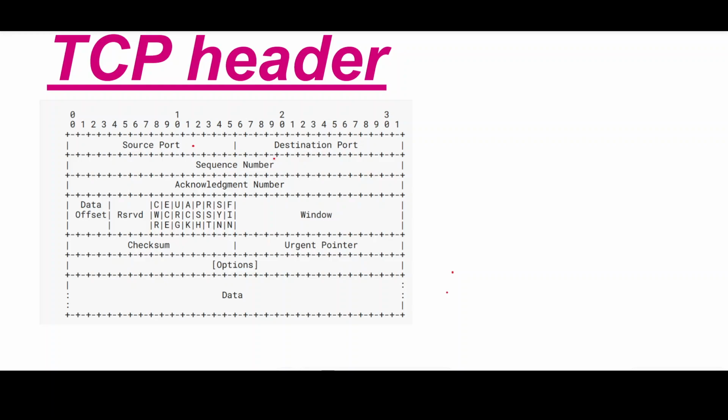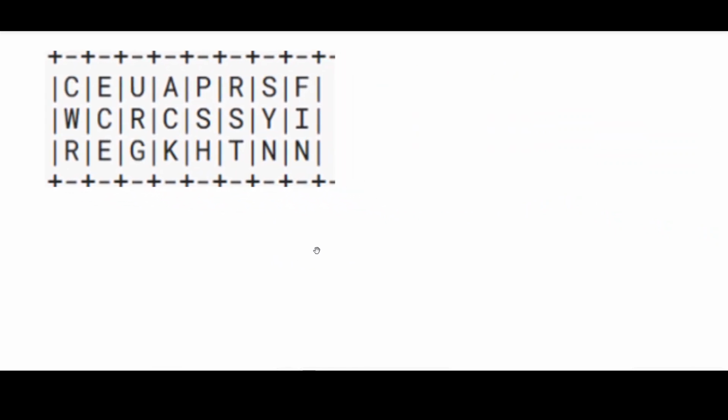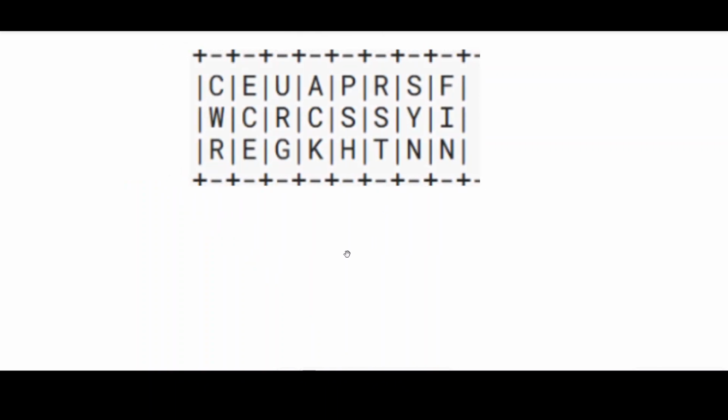We have covered those categorizations. Now in this video we will cover flags. These flags are 8 bits. In these 8 bits, we will tell you about these points. Look at this figure. What do you understand about this? These are just symbols of brief words. So first, what is CWR?